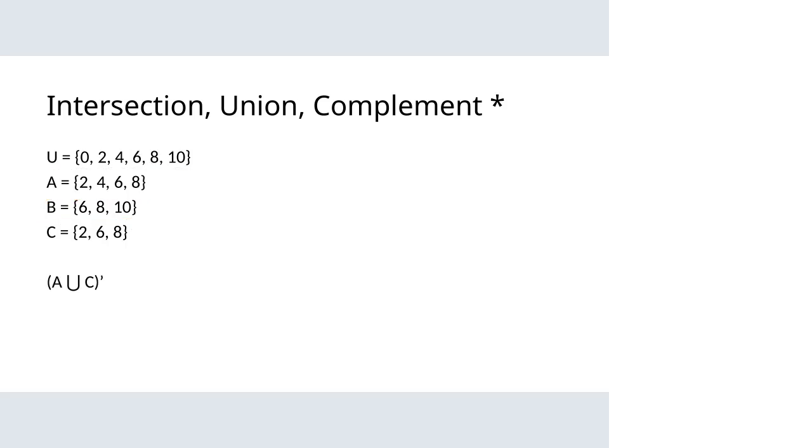So let's take a look at this one. Here we have A union C complement. I'm going to do a poll for this one too. The parentheses mean something. Just like in order of operations, we do what's in the parentheses first, and then what's outside the parentheses comes after. So here we're after A union C complement.